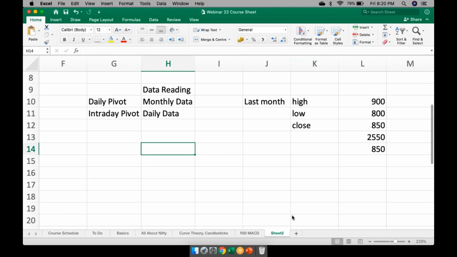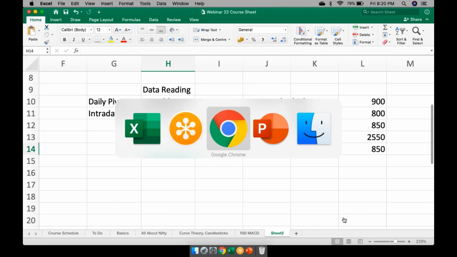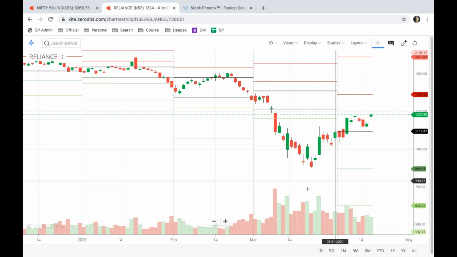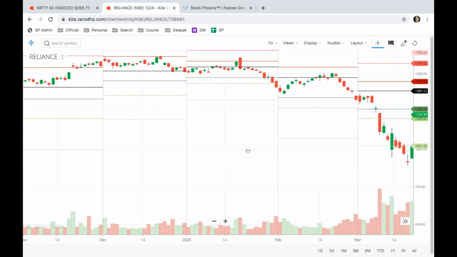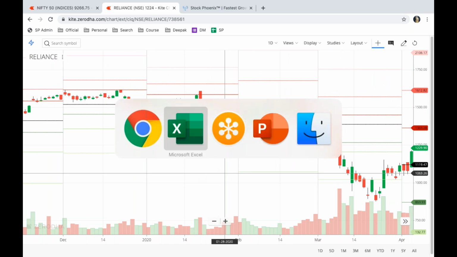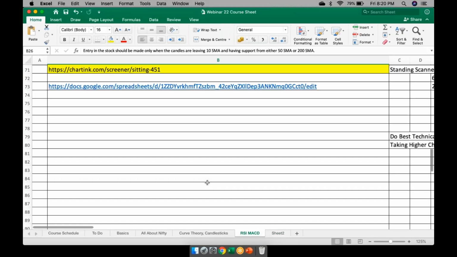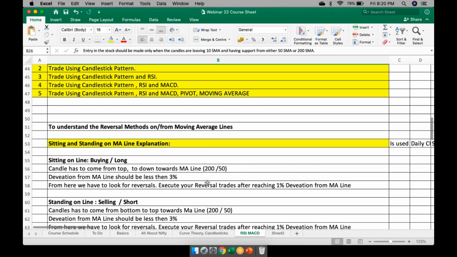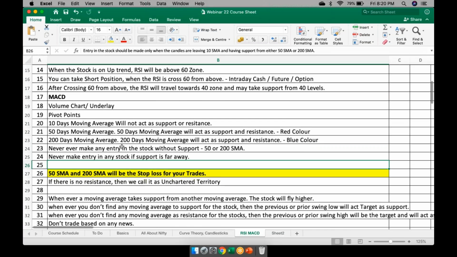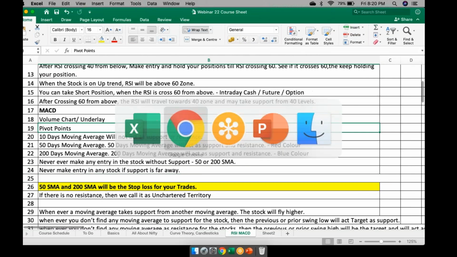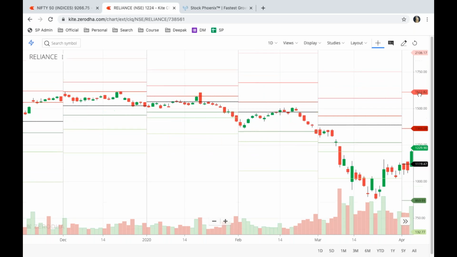Pivot point is normally found in all the charts. So now let's see some important things on pivot points.